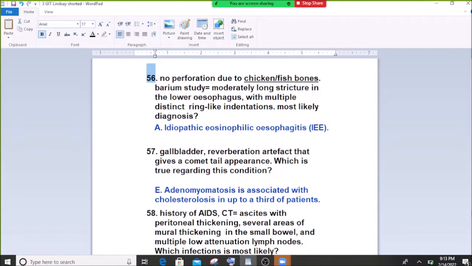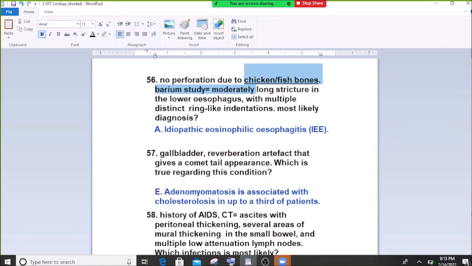56. No perforation due to chicken or fish bones. The study shows a long stricture in the lower esophagus with multiple distinct ring-like indentations, most likely diagnosis idiopathic eosinophilic esophagitis.